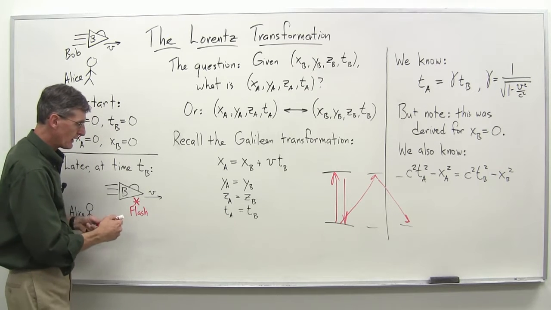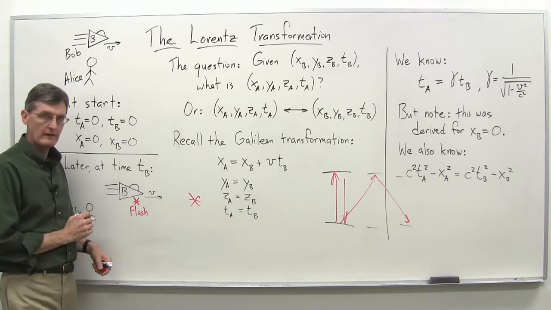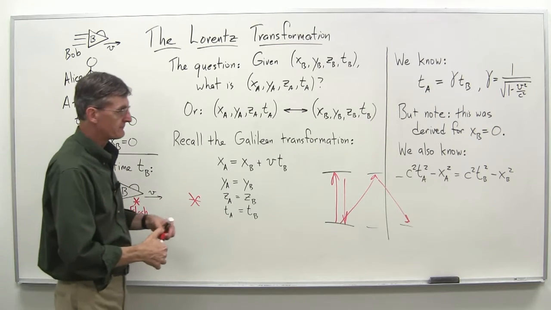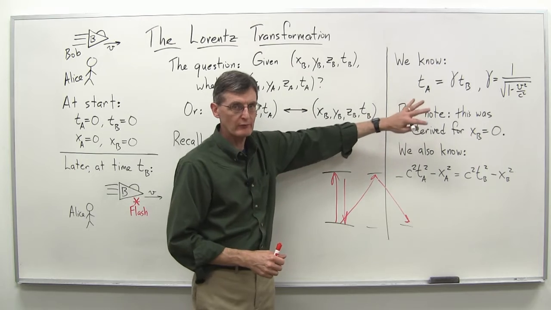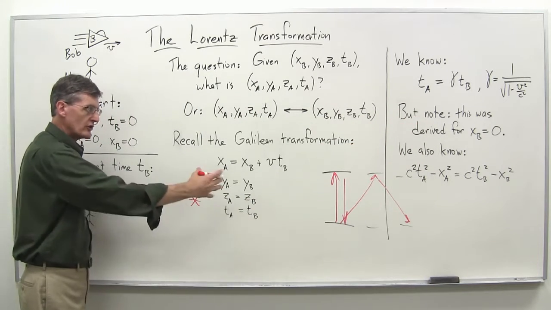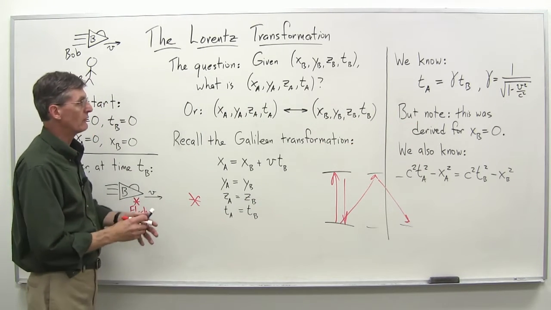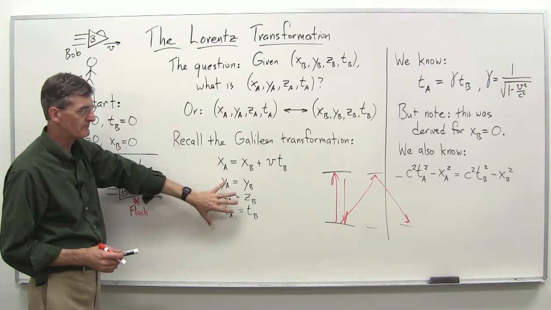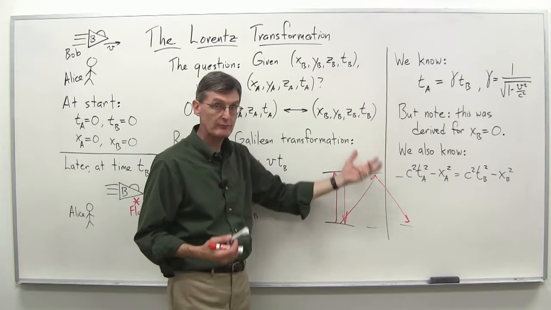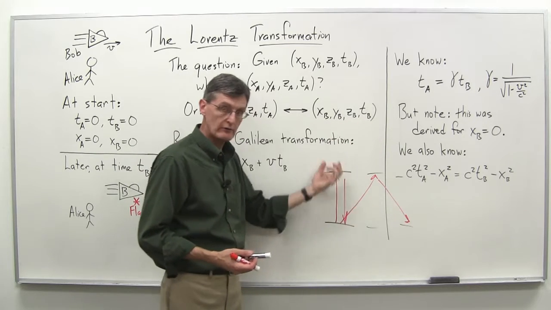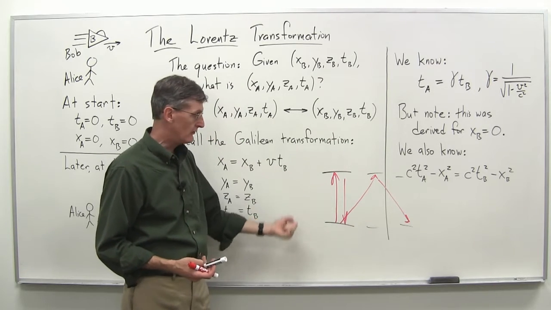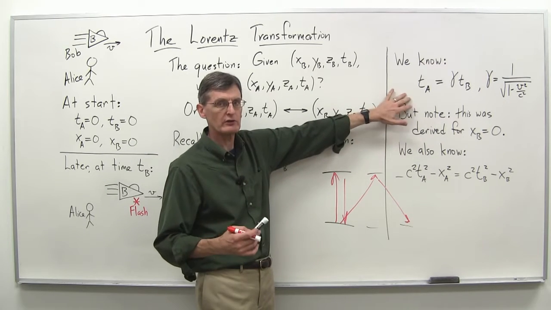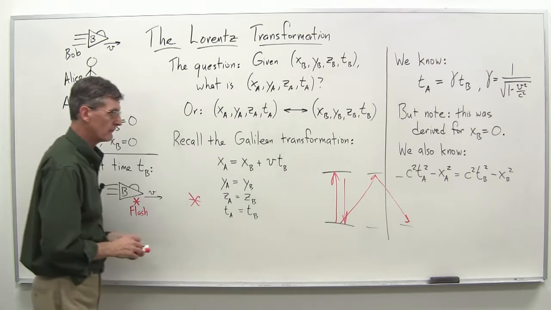But he might see the flash of light out here someplace, and then we'd have a more complicated situation. This will still be true in the case xb equals 0, but we need to get a more general form of this type of relationship once we get to the end result, the Lorentz transformation.